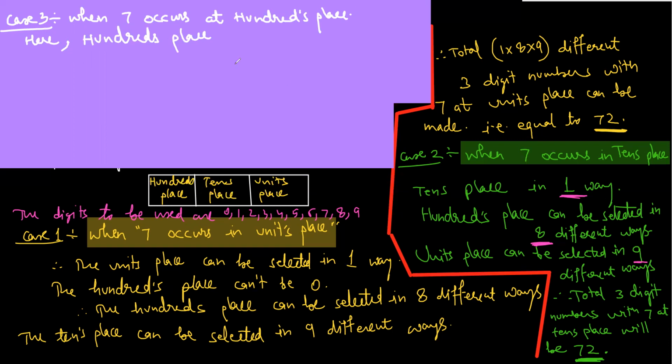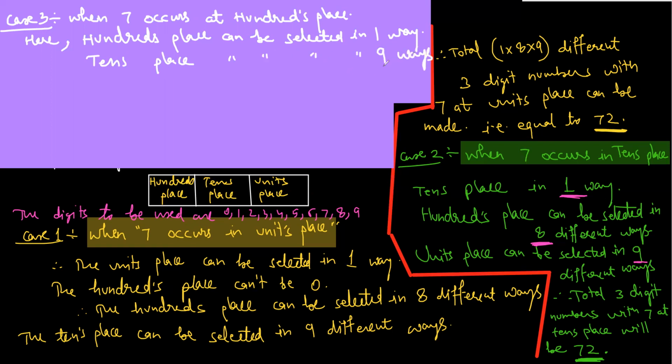Hundreds place can be selected in one way. Tens place can be selected in 9 ways.